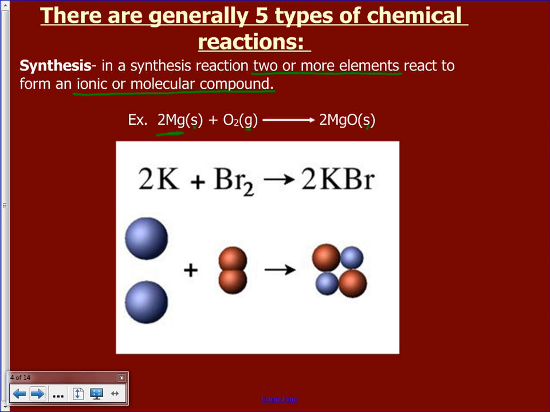Okay, some elements are what we call molecular elements. It doesn't mean that, obviously they can be in a molecular compound, but it also means that they bond with themselves. And when they're in their element form, they actually come not as single atoms, but as molecules. All right? So when bromine is by itself, it doesn't come as single atoms, it comes as molecules of 2 atoms of bromine. Okay? Everybody with me there?